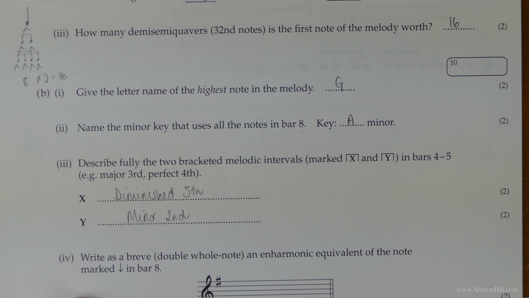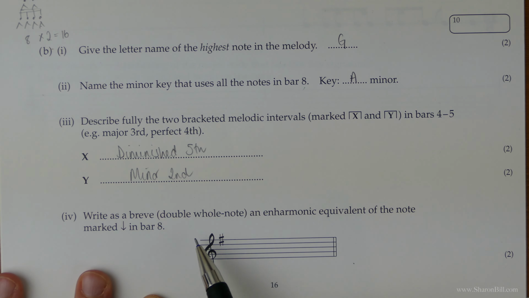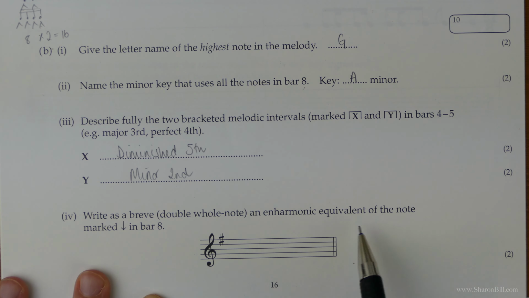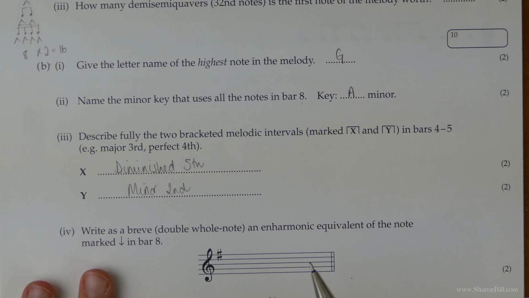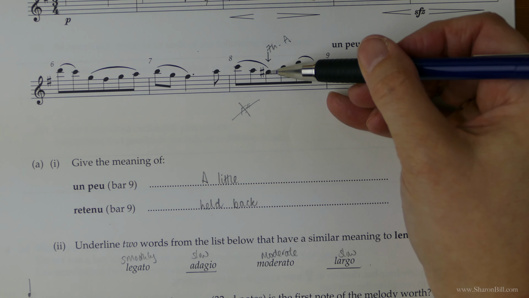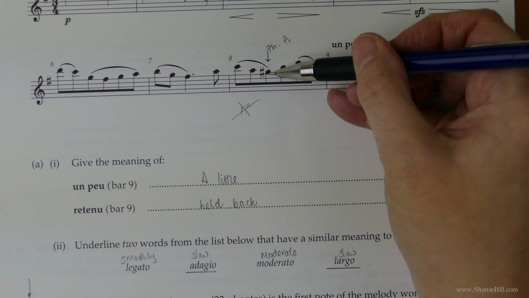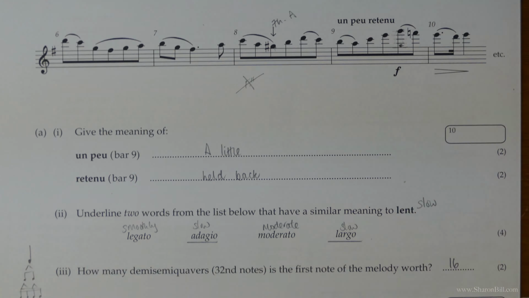There we go. And now we're asked to write as a breve or a double whole note an enharmonic equivalent of the note marked with a little arrow in bar 8. So here, that arrow is the G sharp that gave us the clue that we were in A minor, and that's the note we now need to show as an enharmonic equivalent.